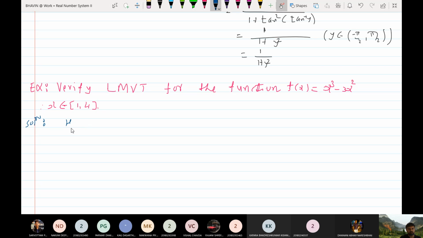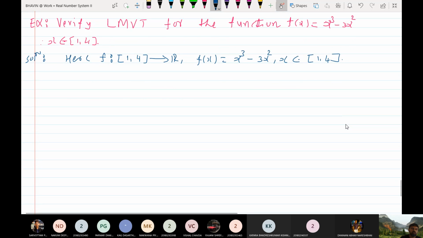See, here our function f is from close interval 1 to 4 to R, and f(x) is defined by x cube minus 3x square, x belongs to 1 to 4. You can now note that f is continuous.